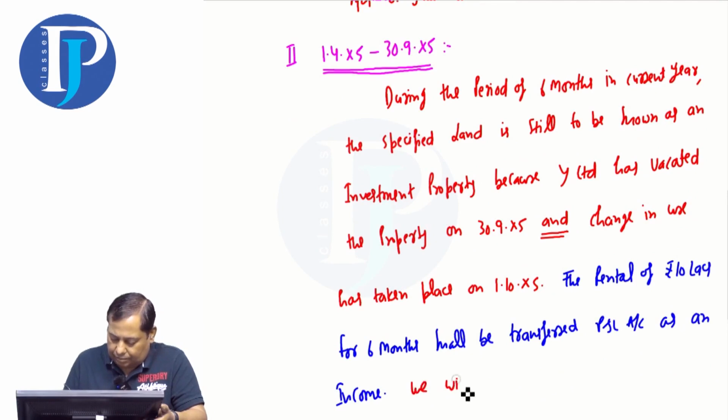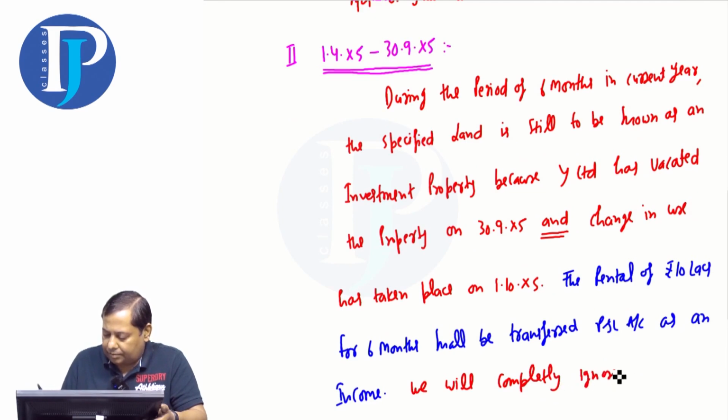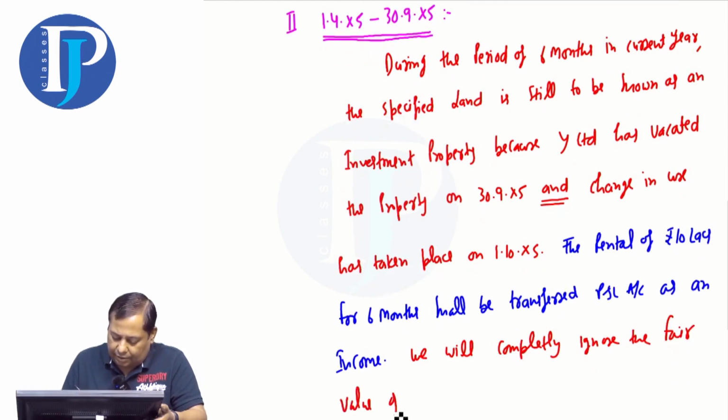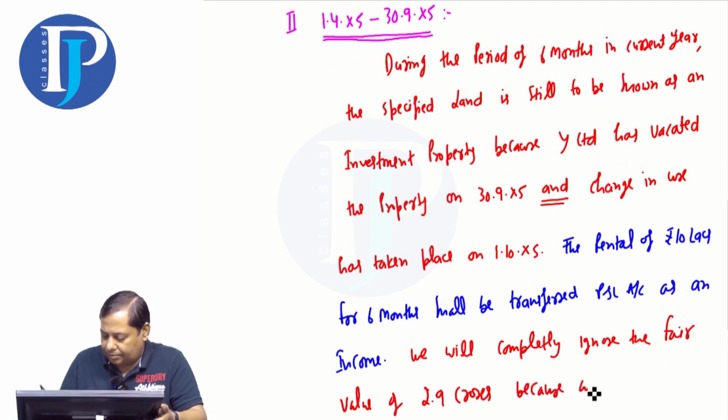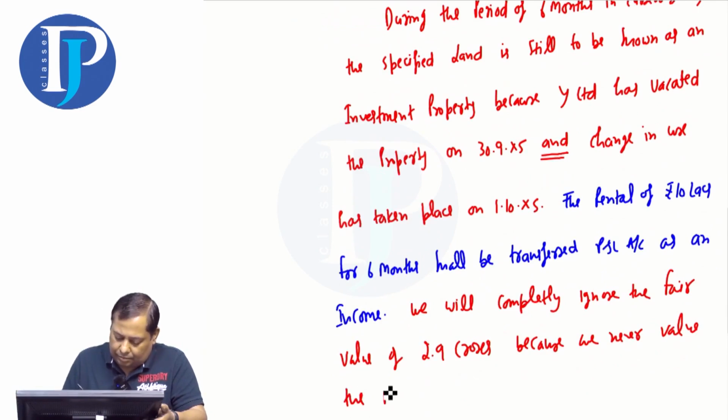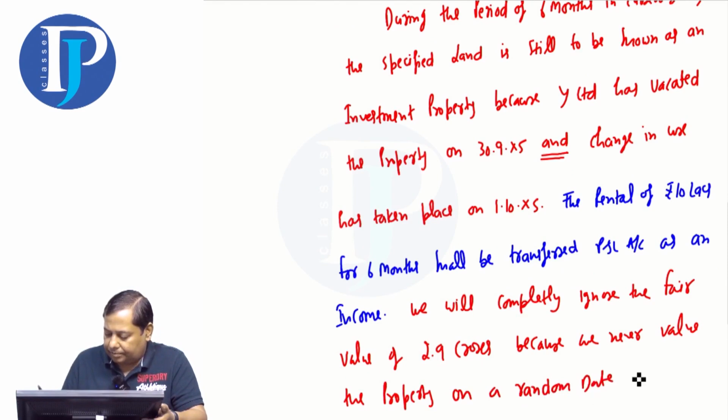We will completely ignore the fair value of 2.9 crores, because we never value the property on a random date except balance sheet.